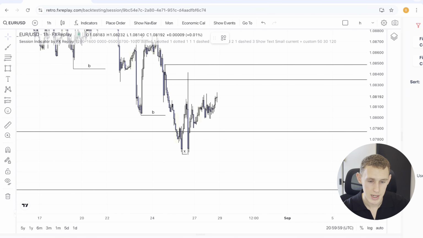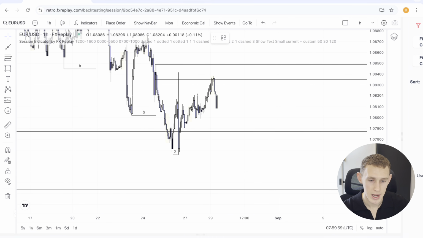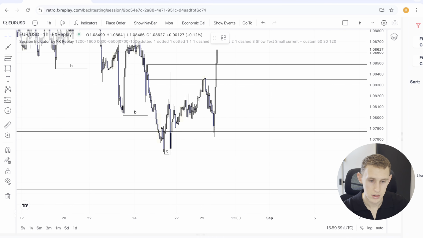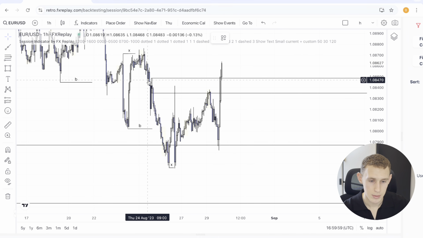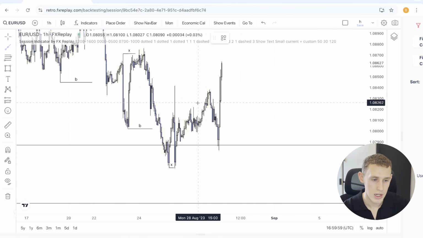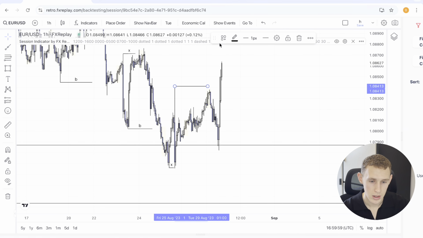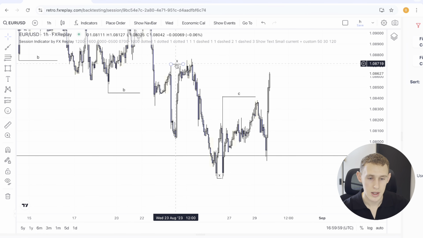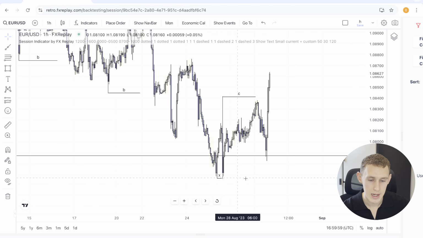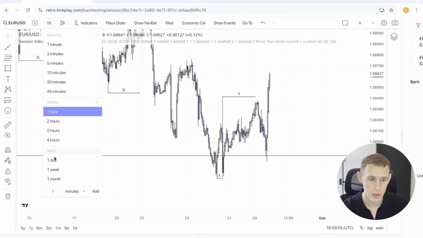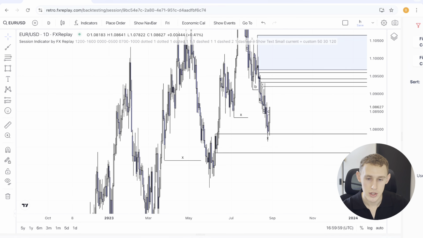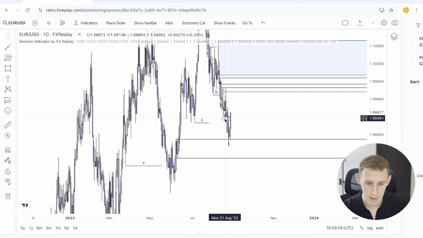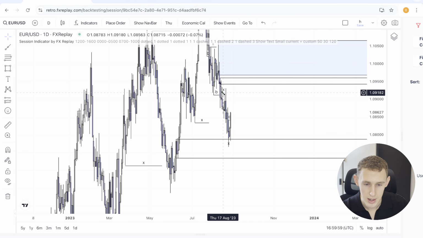At the moment it looks like it's gravitating towards that high though. Yeah, there we go. So that is a very clear change of character on the hourly time frame, as you guys can see just there. Again, we reacted from this daily demand, price grabbed the initial push away from it, and now we've had this shift in structure, sort of back to bullish price action.